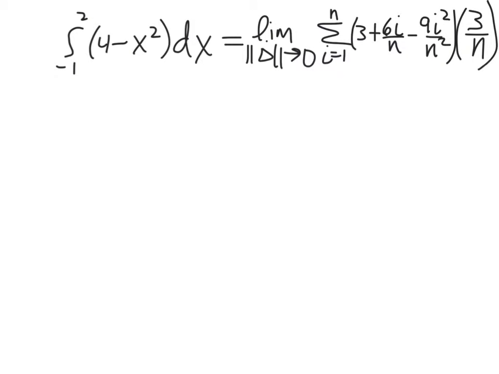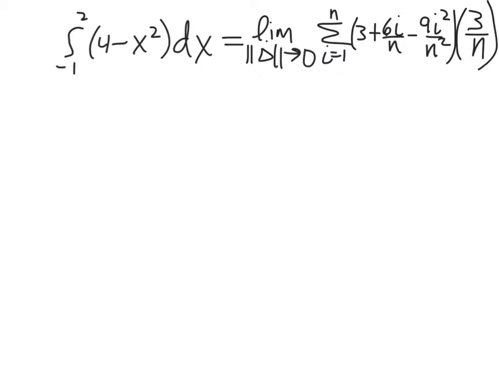All right, we are almost done with our definite integral problem. We spent a lot of time yesterday getting up to this point, but our definite integral from -1 to 2 of 4 minus x squared, by the definition, is a limit.